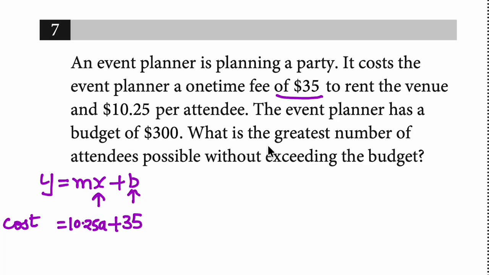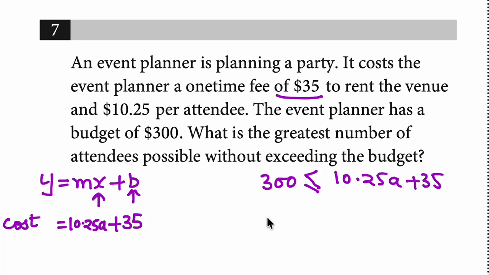What is the greatest number of attendees possible without exceeding the budget if the event planner has a budget of $300? That means he can spend maximum 300. Yes, 300 he can do, so equal to sign, but maximum 300, so it should be less than or equal to 300, and it's 10.25a plus 35.